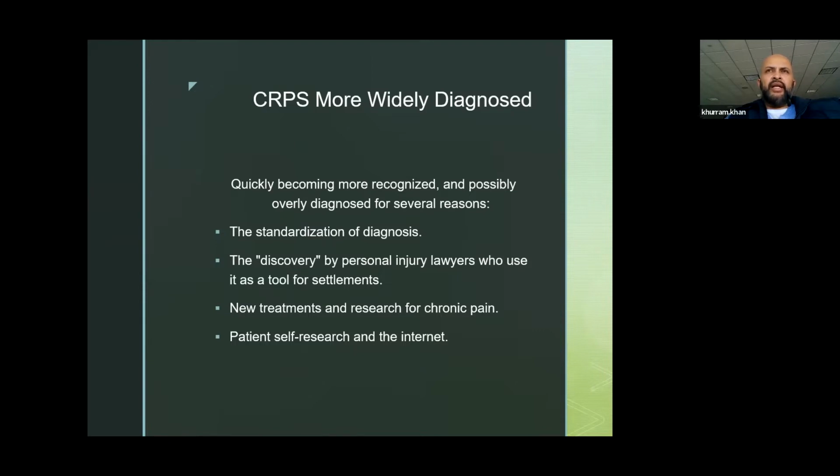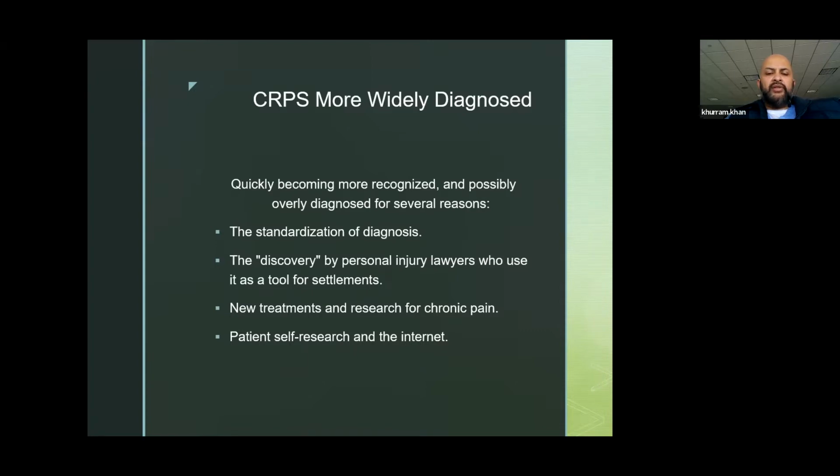And additionally, new treatments are coming. It is a favorite topic for pain physicians to discuss during pain meetings, and research has been done and new treatments are out there. So that's another reason that it is more frequently recognized among pain specialists.